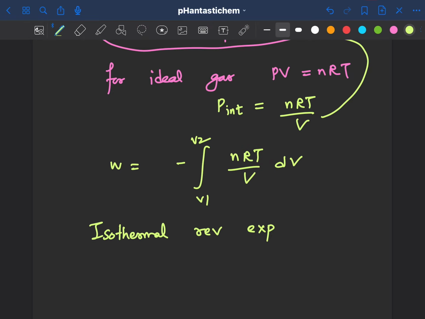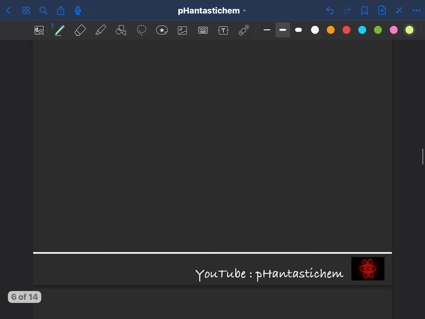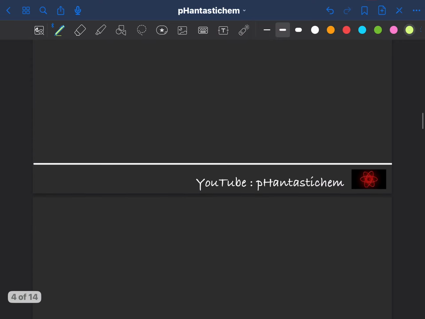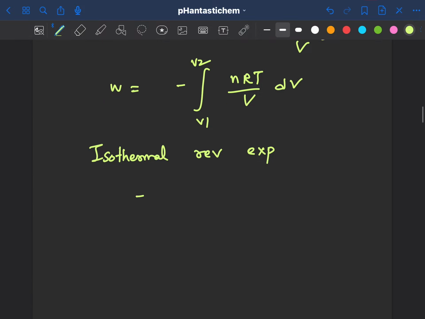So this equation can be written as minus nRT integral from V1 to V2 of 1 by V dV.